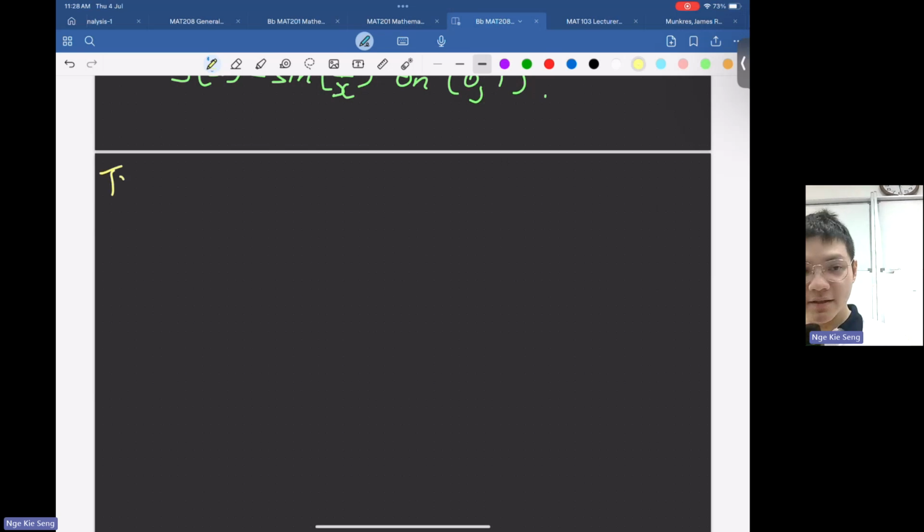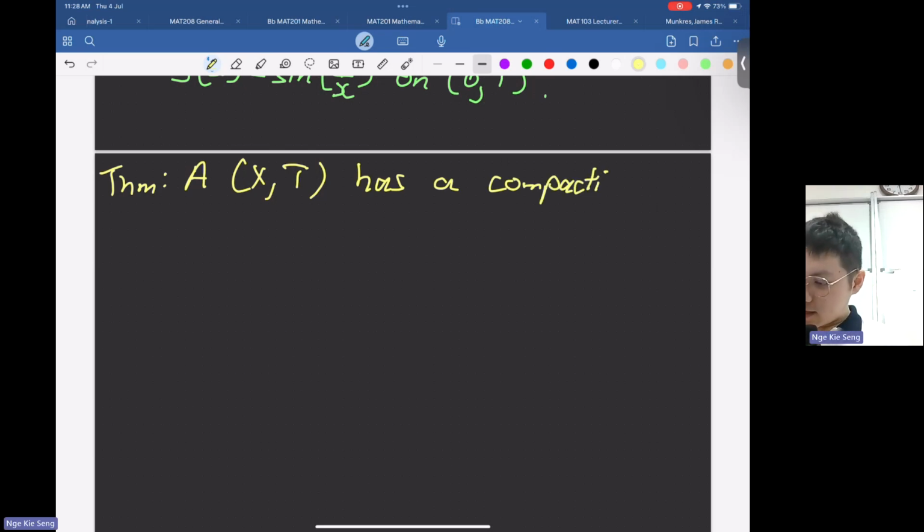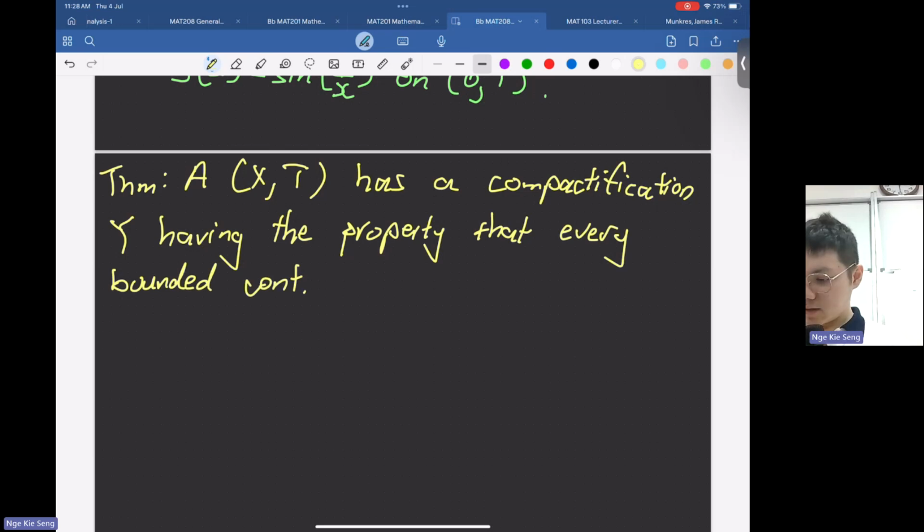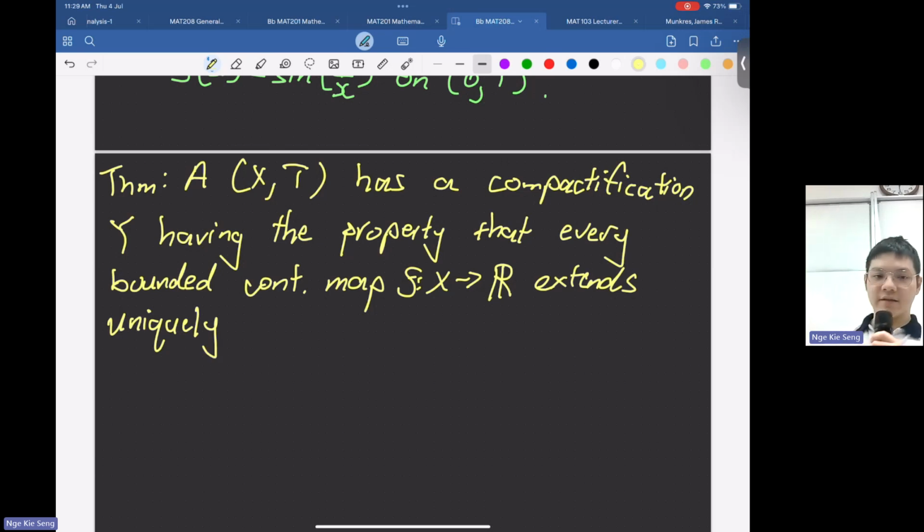We want a Y such that every bounded continuous function extends uniquely to a continuous map.